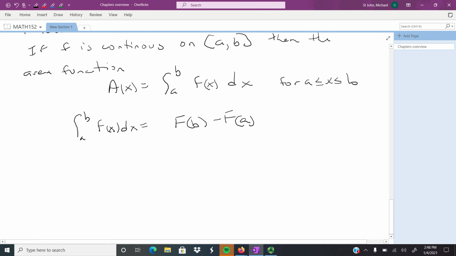So integration and differentiation are inverses of each other.